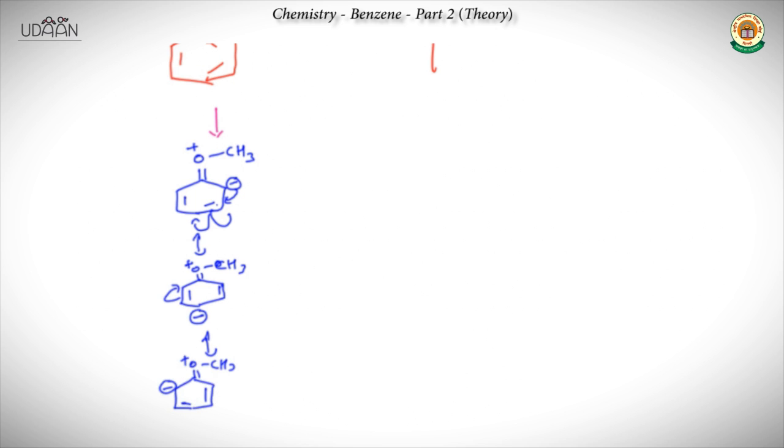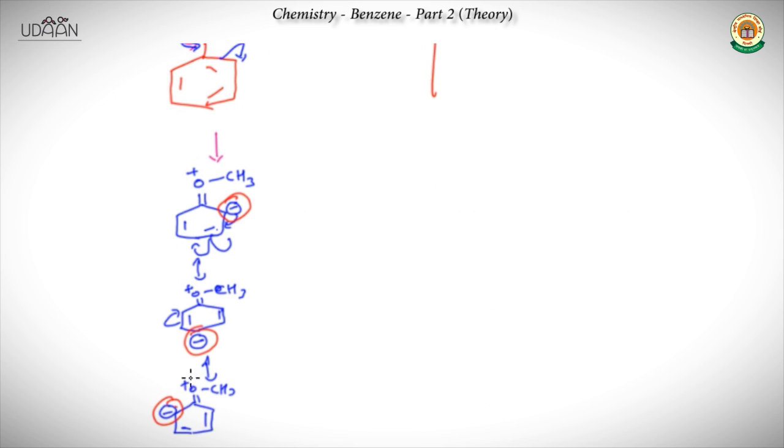Now observe carefully, in all these resonating structures you have a negative charge at ortho and para positions. As you can see, in all these ortho and para positions, that is this position and this position and this position, electron density has increased.